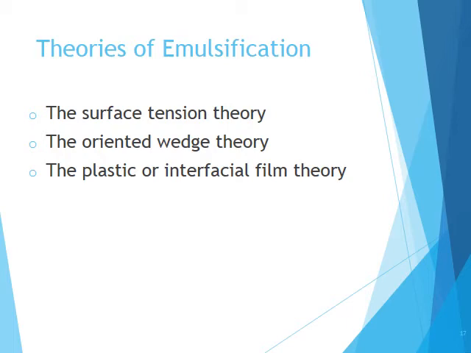The polar part of the emulsifying agent will be in the polar phase, and the non-polar part will be oriented in the non-polar phase. By this orientation, the emulsifying agent will fix the oil droplets and prevent the phase separation of the internal phase from the external phase. So this is another theory that explains the emulsification process.